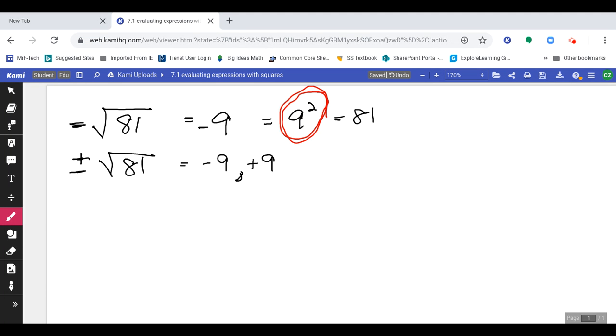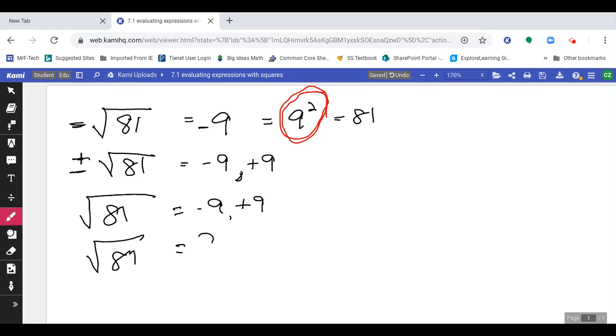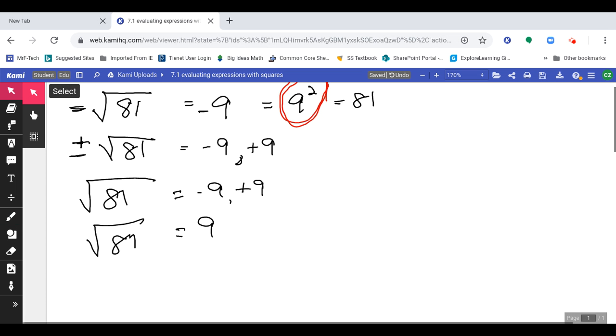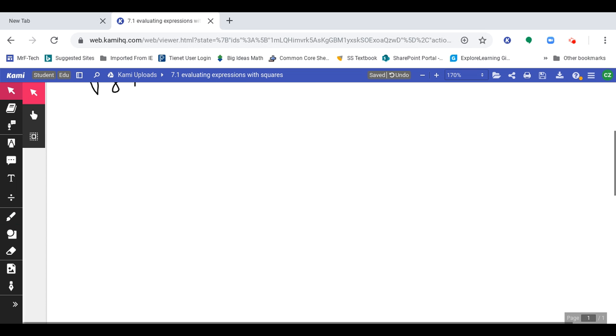If you just see a radical sign and it just says 81, you may see the question, what are the two answers for a square root? And again, you would get negative 9 and positive 9. Okay? However, if you see something like this, and it does not ask you for the two answers, it's just going to be 9, positive 9. Okay? So let's start evaluating some expressions that have square roots in them.